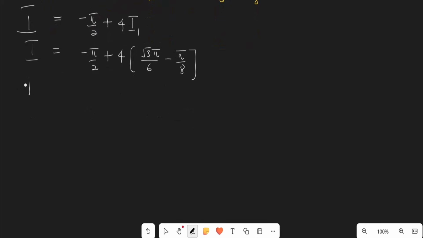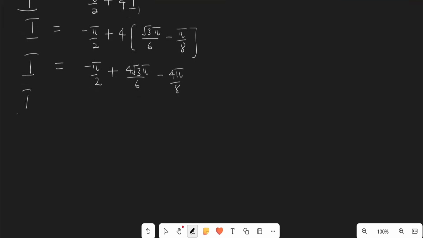Now let's simplify this one. I is going to be negative pi over 2 plus, multiplying with 4, we have 4 square root of 3 pi all over 6 minus 4 pi over 8. 4 pi over 8 is the same as pi over 2. So this one is negative pi over 2 minus pi over 2, and now plus 2 square root of 3 pi all over 3 at the bottom.